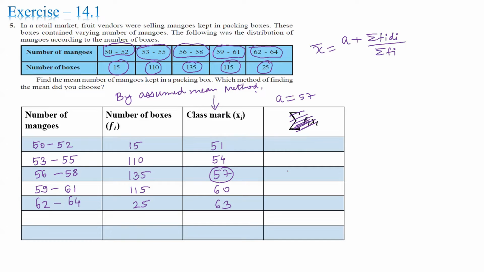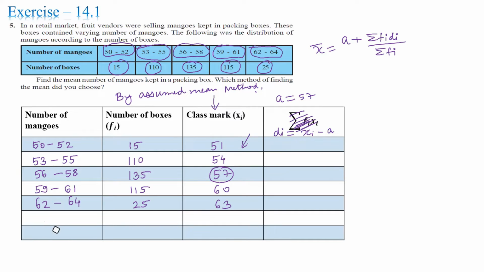So what do we require now? We require di. So di is what? It is xi minus a, the deviation. So 51 minus 57, how much does it come?